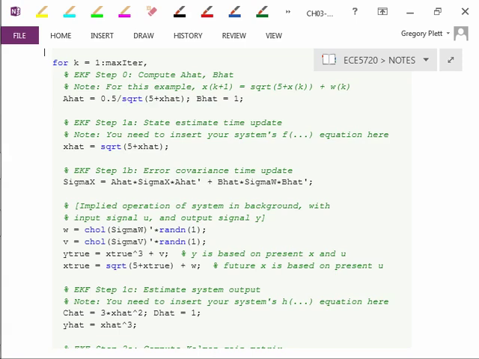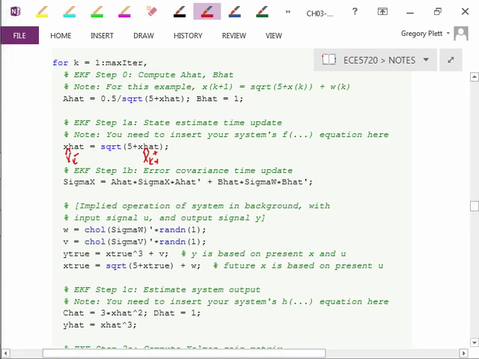Now we do EKF step 1A, where I propagate the estimate from the previous time sample through the state equation to get my prediction of what I think the state is right now. So this is x hat k minus, this is x hat k minus 1 plus, propagated through the equation to give me my prediction.